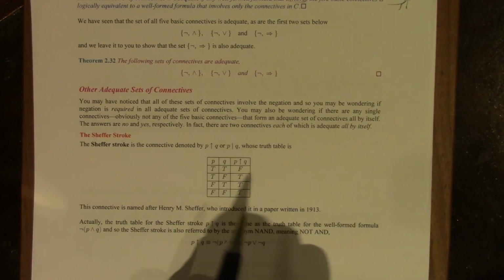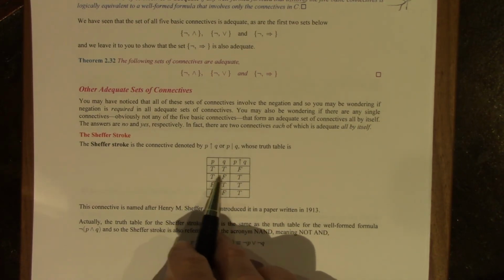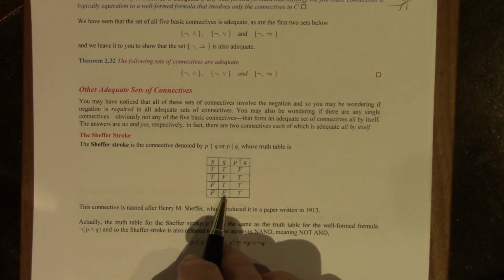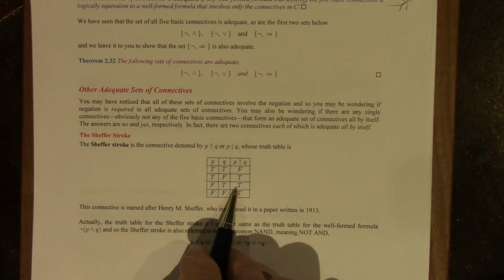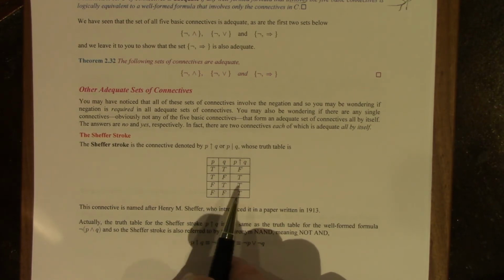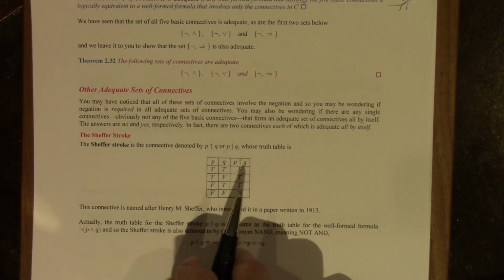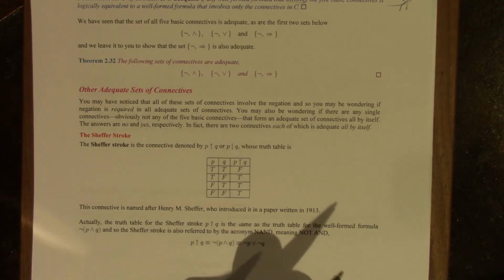You know, a connective involving two variables is defined by a truth table with 4 rows. There are 16 possible truth tables like this. So there are 16 connectives, some of which are of no use. But we've only talked about 4 basic connectives.